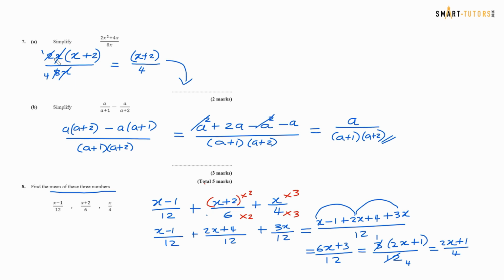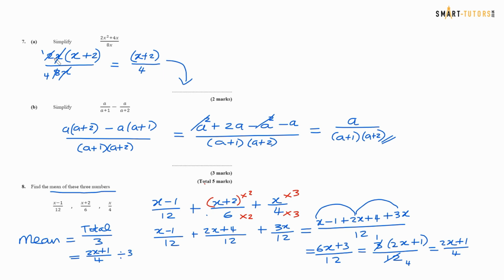So that is the addition of all three numbers, but that is not the final answer. So the mean is the total divided by 3. So the total is 2x plus 1 over 4 divided by 3.